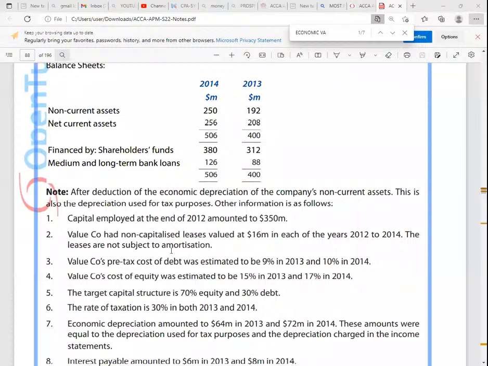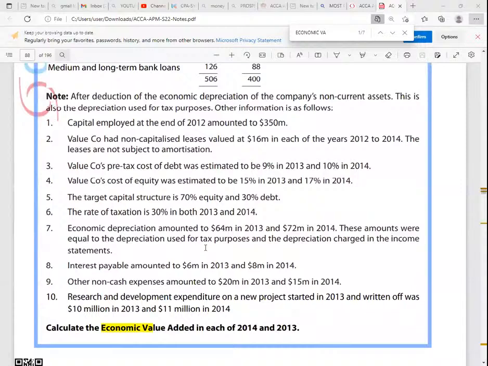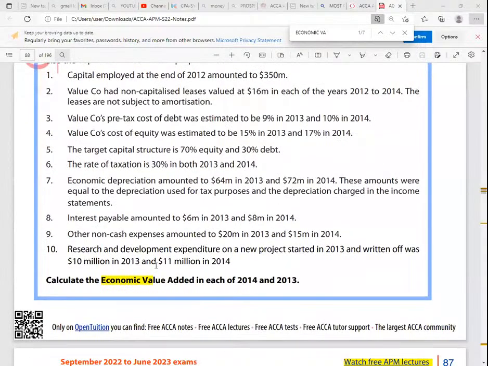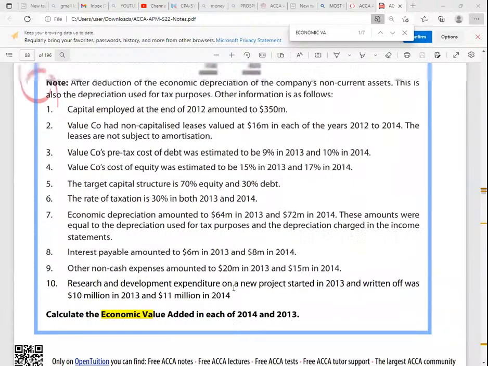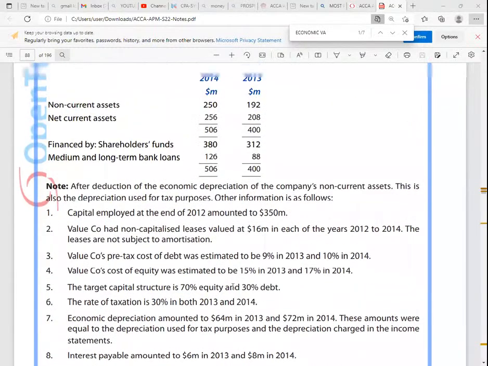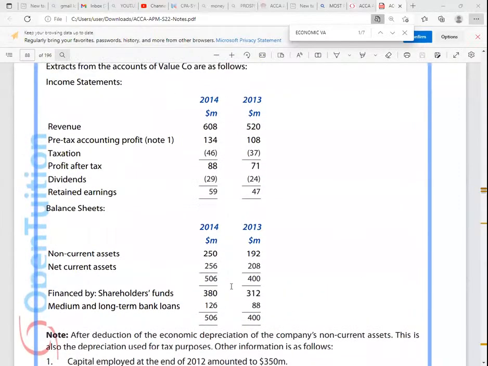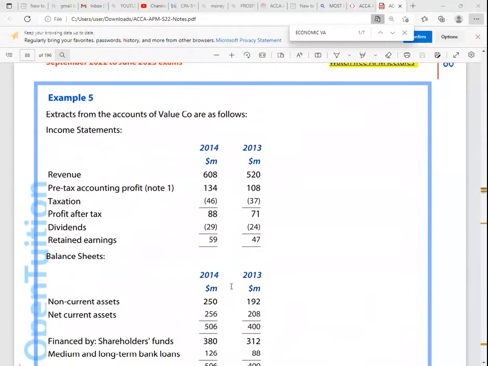The leases are not subject to amortization. So what do they want us to do here? Something very easy. They want us to calculate the economic value added in each of the years, 2014 and 2013.